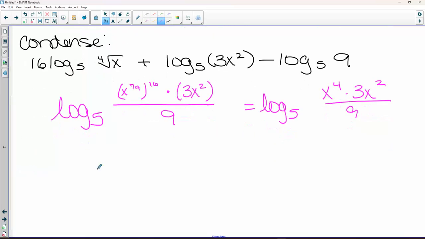All right, we can keep simplifying that. x to the 4th times 3x squared. Is there anything else we can do to simplify? 3 and 9 would reduce. So that's x to the 6th over 3. Whoops.